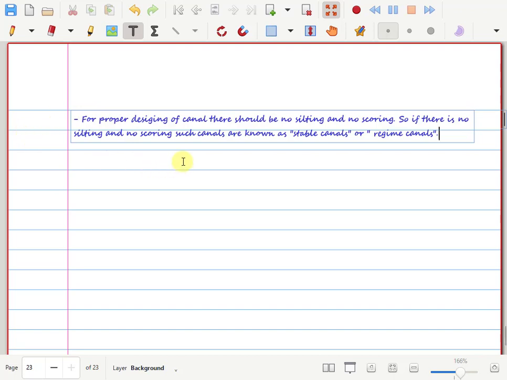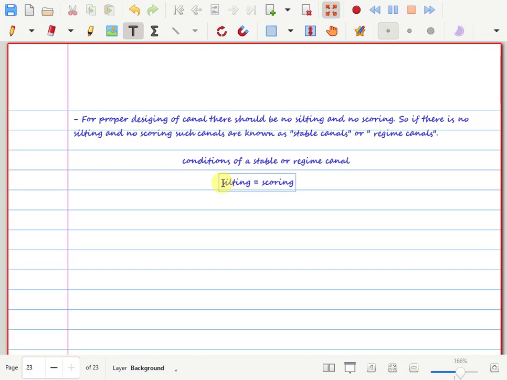So what are the conditions of a stable or a regime canal? You can say that the conditions will be either silting is equal to scoring. If silting and scoring are equal, you can call that sort of canal a stable canal or regime canal.